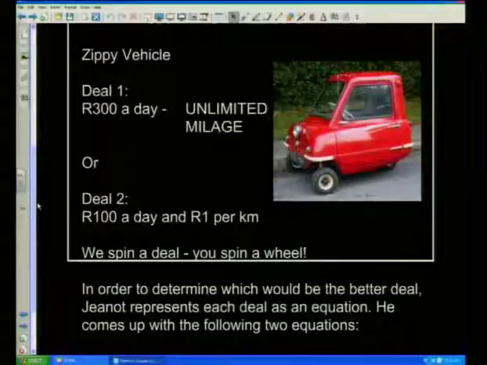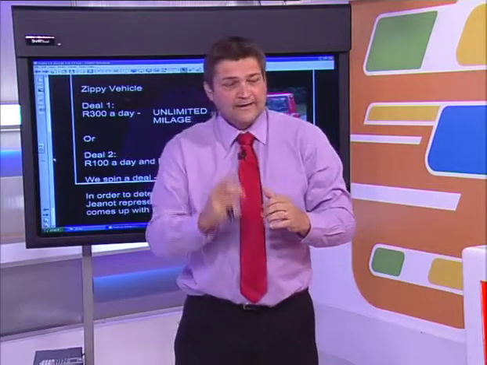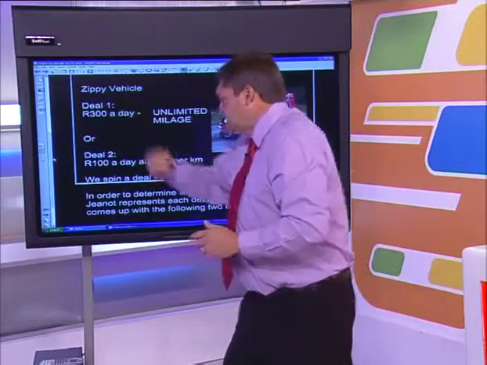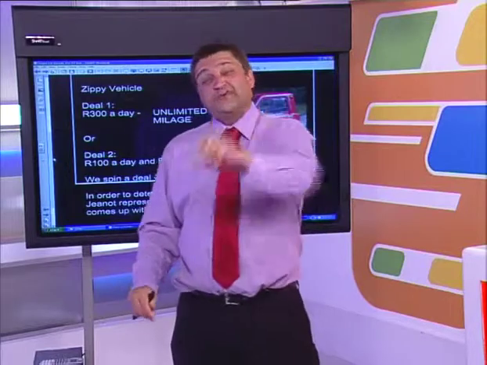Deal one. You're going to pay 300 Rand a day, unlimited mileage. In other words, guys, you can get in this car and travel from Joburg to Durban and back to Joburg, as long as you do it in a day. It's going to cost you 300 Rand for that day, and you can travel as far or as short a distance as you want to. Deal number two, they say, you can go deal one or deal two where you're only going to pay 100 Rand for the day.